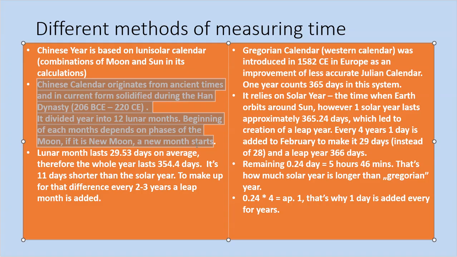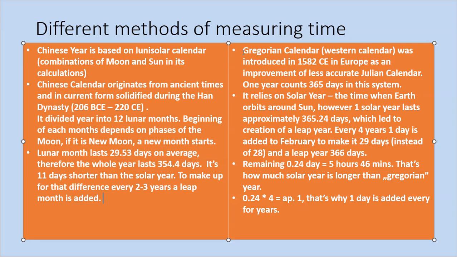If it is new moon, a new month starts. Lunar month lasts 29.53 days on average, approximately. Therefore, the whole year lasts 354.4 days. It's 11 days shorter than the solar year. To make up for the difference, every 2-3 years, a leap month is added.